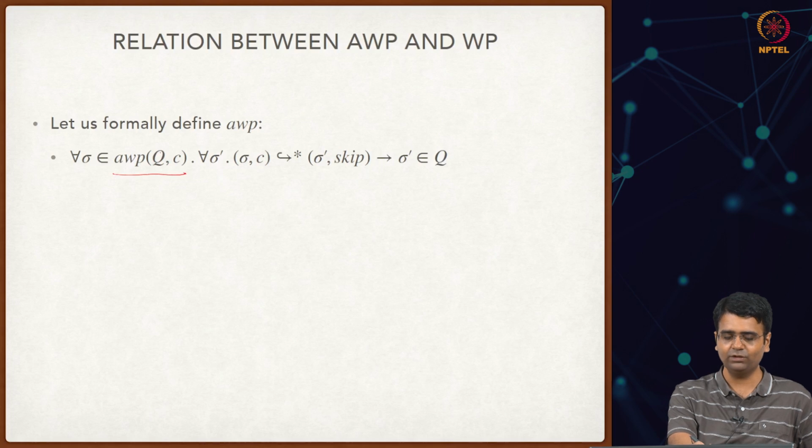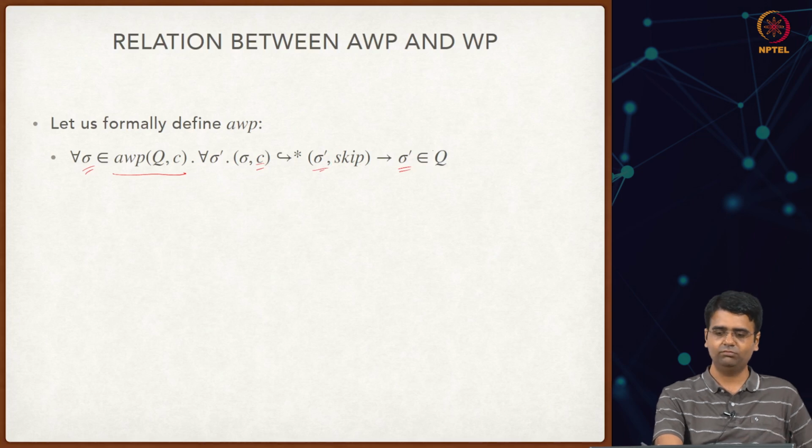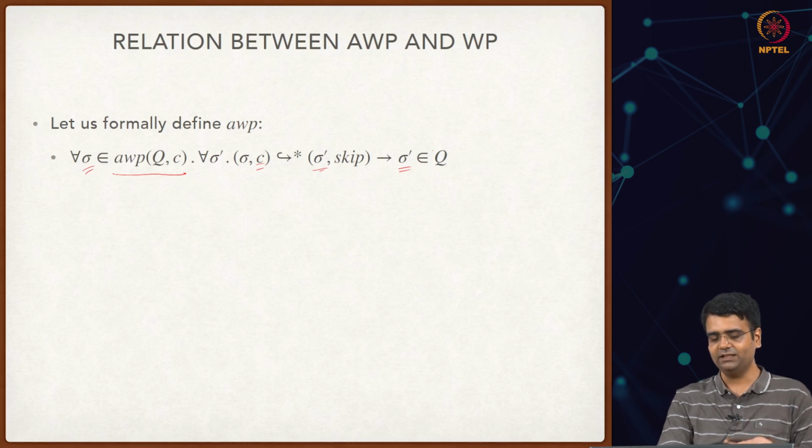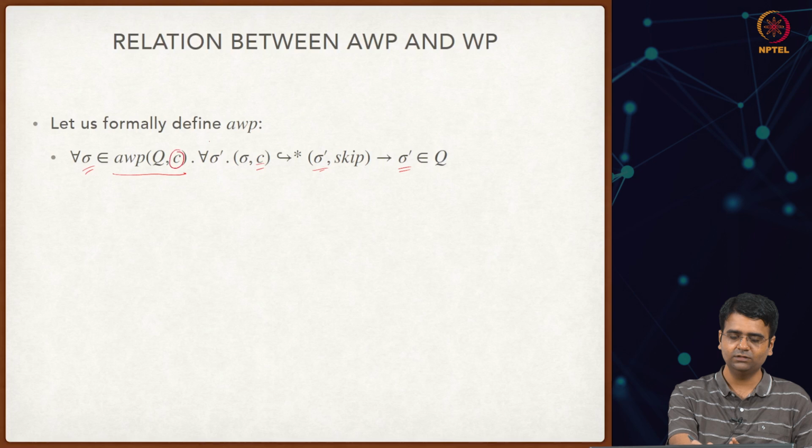So again, it takes as input a set of states Q and the program C. What we want to say is that if you start from any state sigma that is in AWP Q comma C, and if you execute the program C, and if the execution terminates in a state sigma prime, then that state sigma prime is guaranteed to be in Q. So this is the definition of AWP: it is a set of states such that if you start the execution of the program in any state which is in AWP, and if the execution terminates, then you are guaranteed to end up in a state which is in Q.